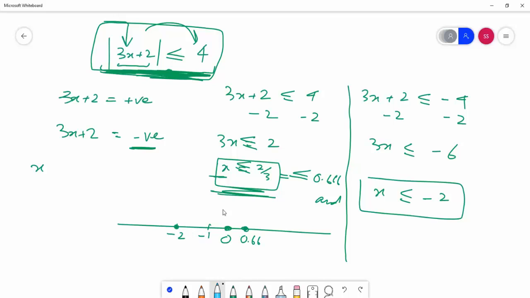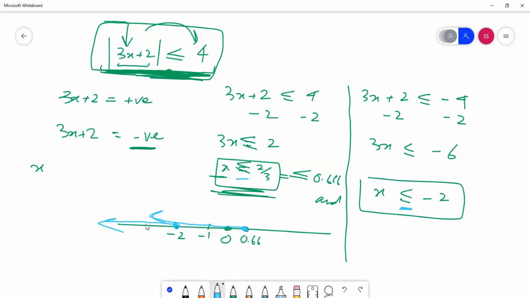It's not working because you're having the sign as less than equal to, and you're having 0.66. X should be less than 0.66, towards left, and x should be less than or equal to negative 2, and that's again towards left, right?